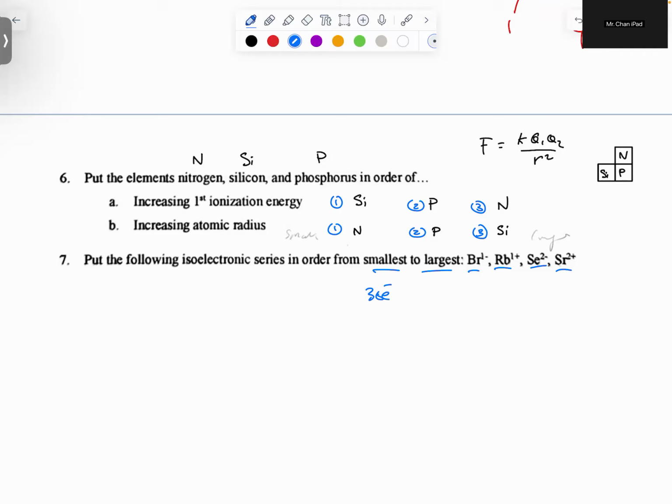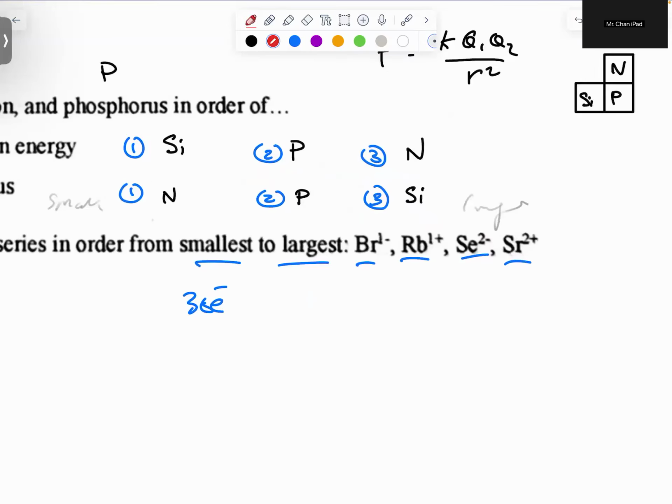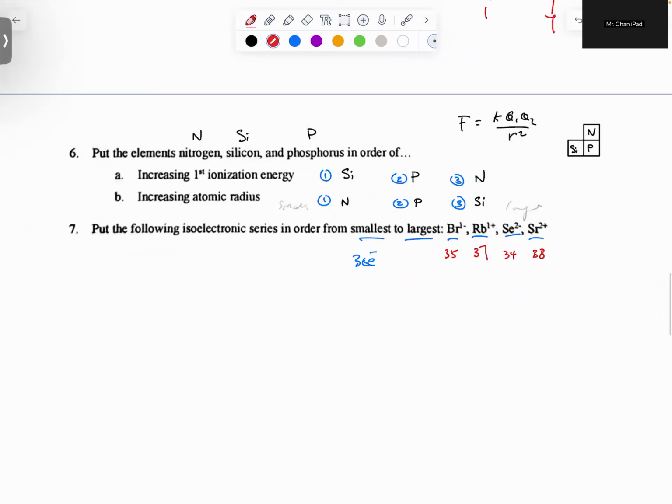Okay, but now you say, hey, what about the protons? Well, strontium would be 38, rubidium is 37, bromine is 35, and selenium is 34. So it's a very simple concept. You have the same number of electrons, and if you have more protons, stronger attraction. Therefore, smaller in size.